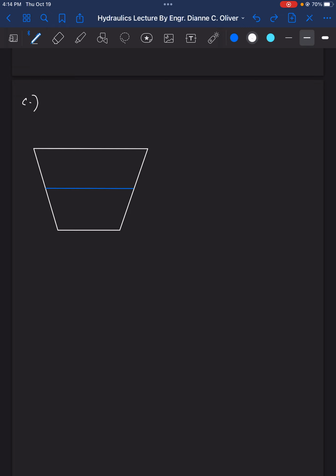Total time is equal to time to remove the water from the cylinder, which we already have, plus time to remove the water at the frustum of the cone, wherein our time for the frustum of the cone is the integral of the surface area over the coefficient of discharge times the area of the orifice square root of 2gh. So this is the formula.